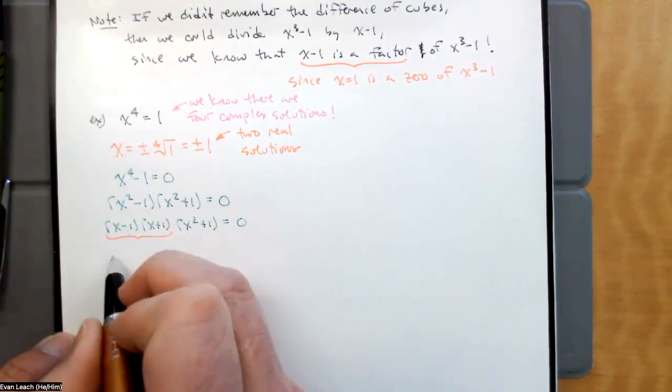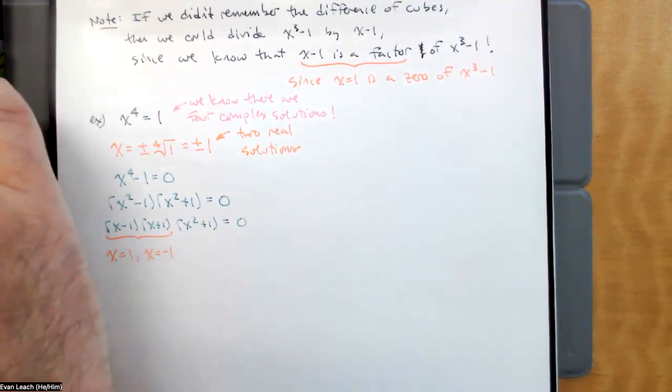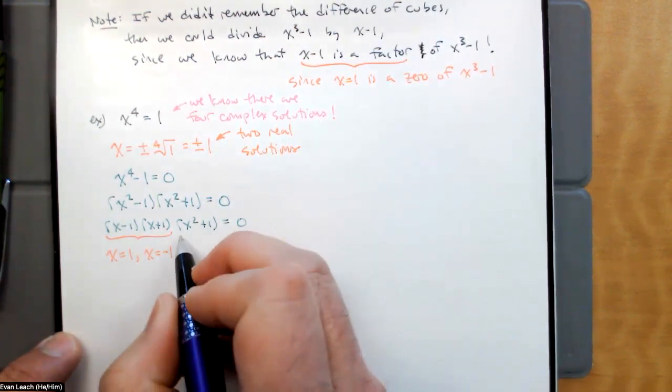Here are the 2 real solutions. And here's where we're going to get our 2 complex solutions.